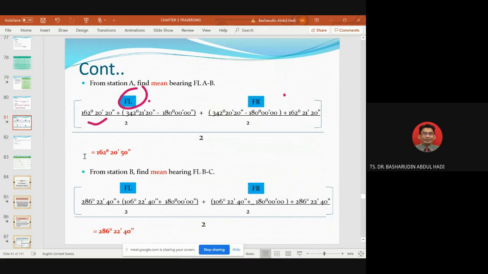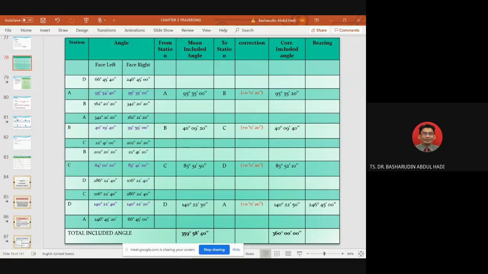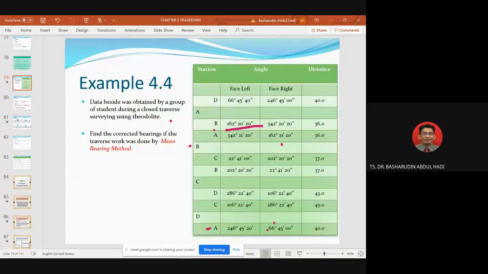Where do you get 342 degree 21 minute 20 second? 342, 21, 20. So you get face left, the data from A to B, B to A, actually in one line.